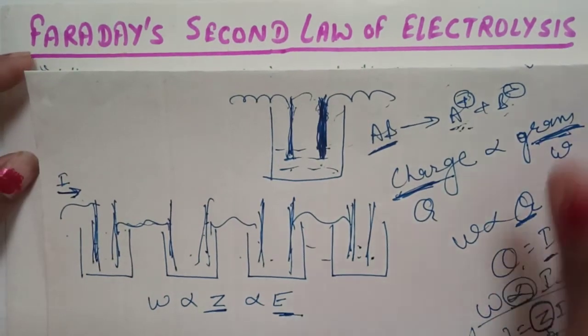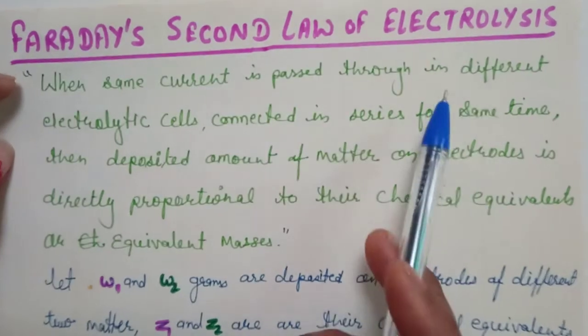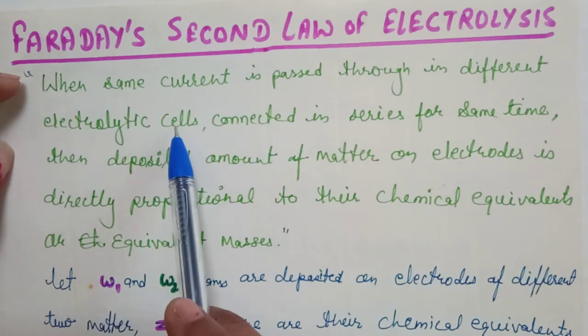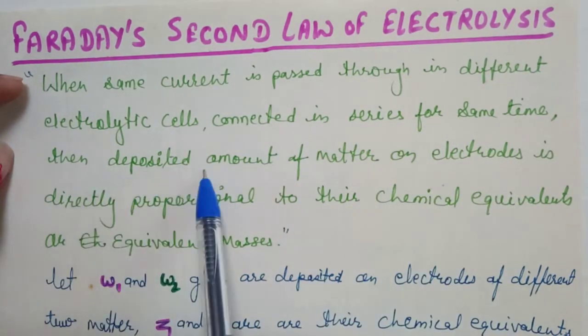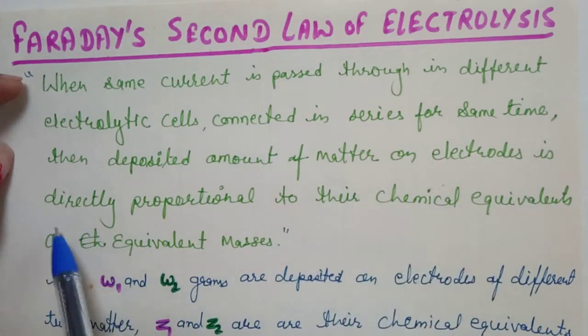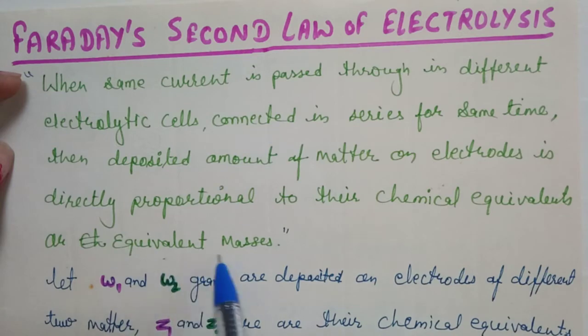So when the same current is passed through different electrolytic cells connected in series for the same time, the deposited amount of matter on the electrodes is directly proportional to their chemical equivalents or equivalent masses.